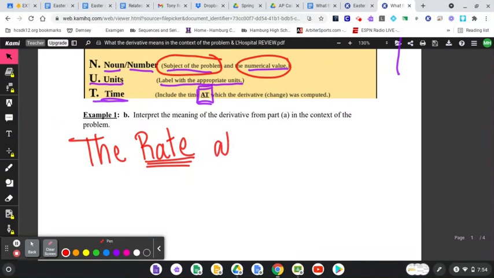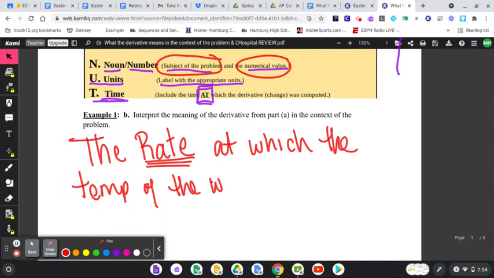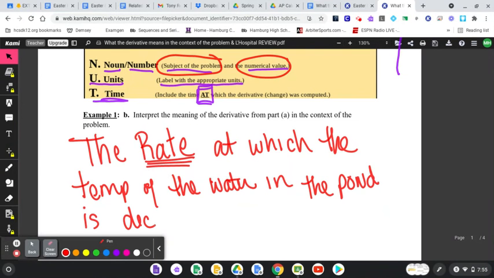At which the temperature, so now I'm describing the subject of the problem, of the water in the pond, is, and because that answer was negative, I'm going to say is decreasing at 1/2 degrees Celsius per day.